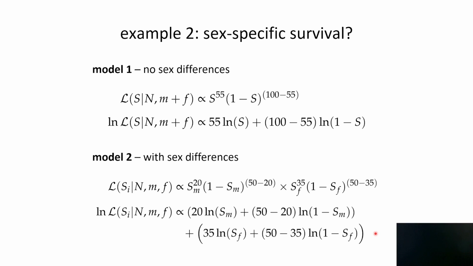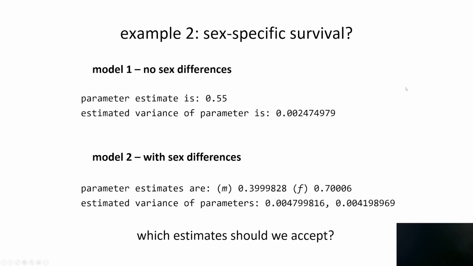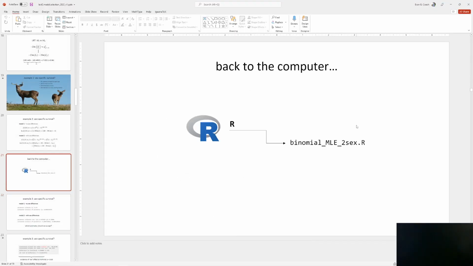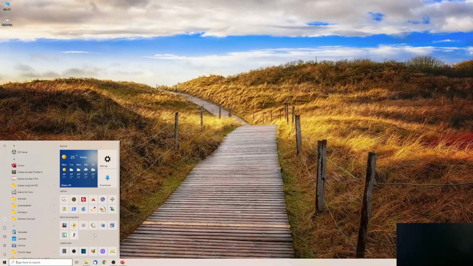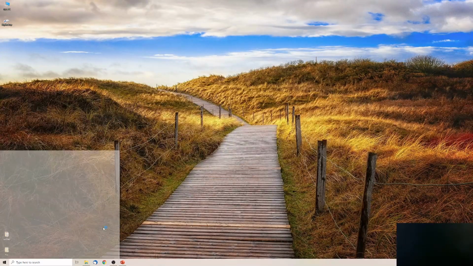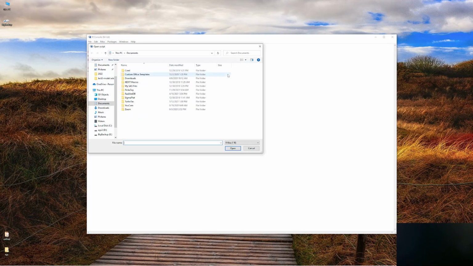Okay, so how do we actually do that? Well, let's go ahead and fire up some software to do that. All right, so I'm going to jump out to R, and we'll see how we do that. All right, so let me go ahead and I'll start R here, and I will open up the script for the two-sex problem.